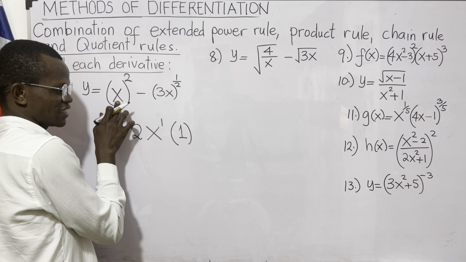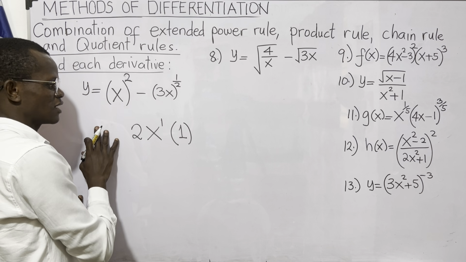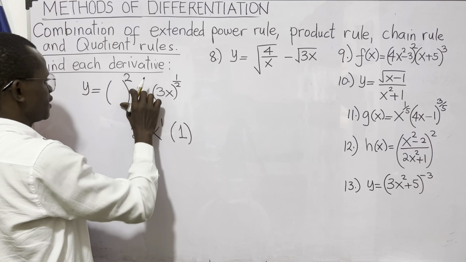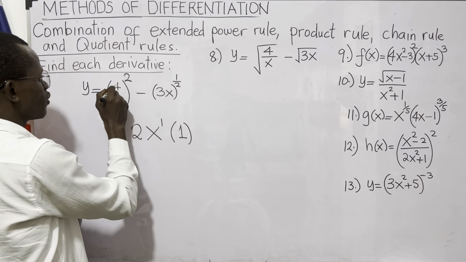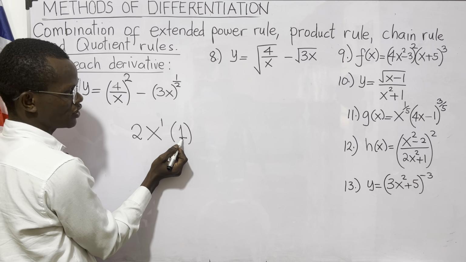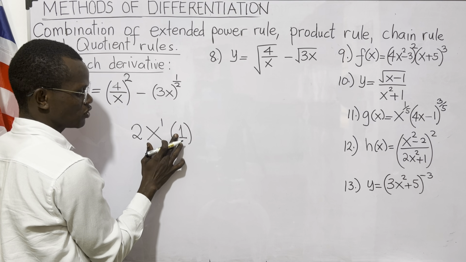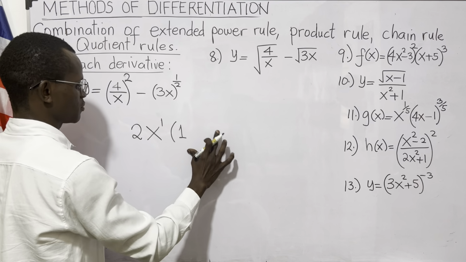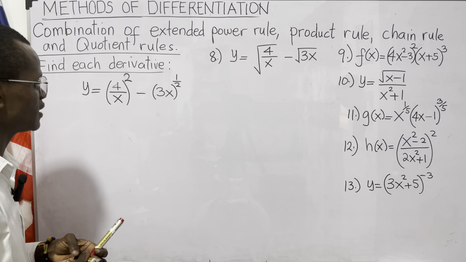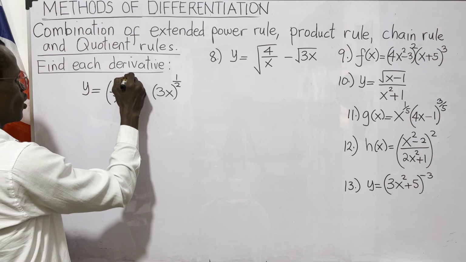Because this is just x, that's why we don't bother to differentiate inside. We just continue. But if this now is 4 over x, it means this will not give us 1 any longer. If this is 3x, this will not give us 1 any longer. So we have to differentiate it. So this is exactly what we call the extended power rule. So let's move on. We have 1 over 2.